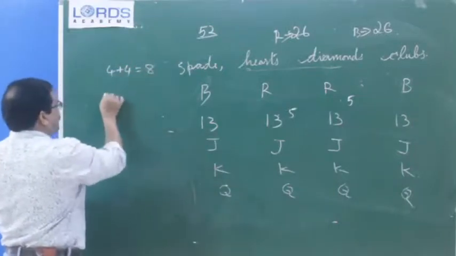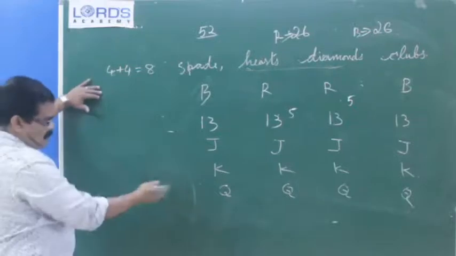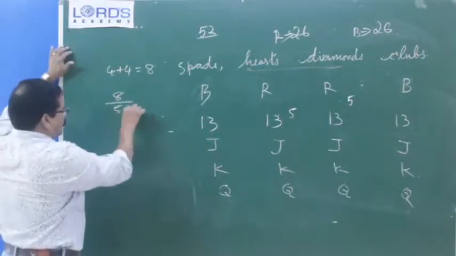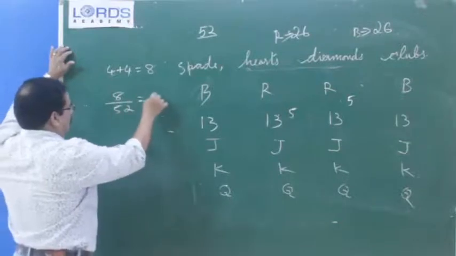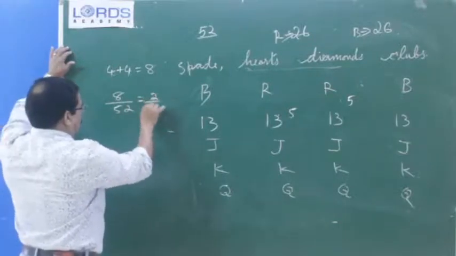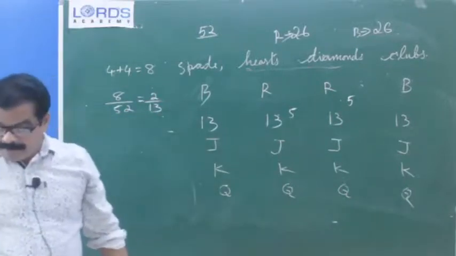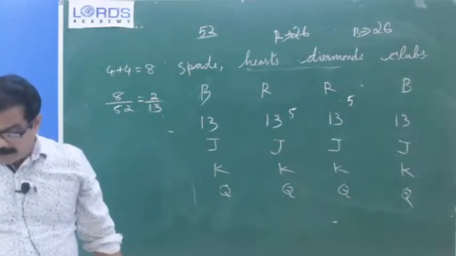So the probability of getting jack or queen is equal to 8 by 52. You can simplify that to 2 by 13.